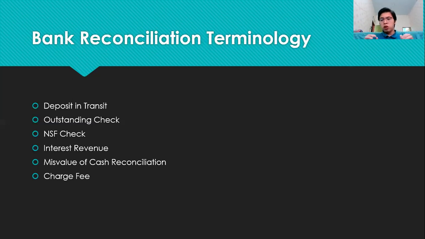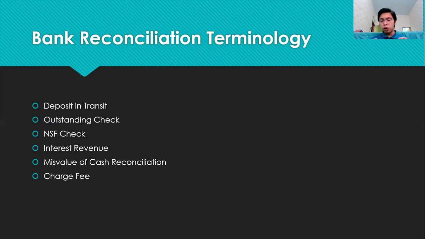So a human error or system error could cause the misvalue. For example, I put $500 in my company account, but the bank only records $1,400. That's a misvalue, maybe because of a system or human error. But it can be adjusted by the bank reconciliation.